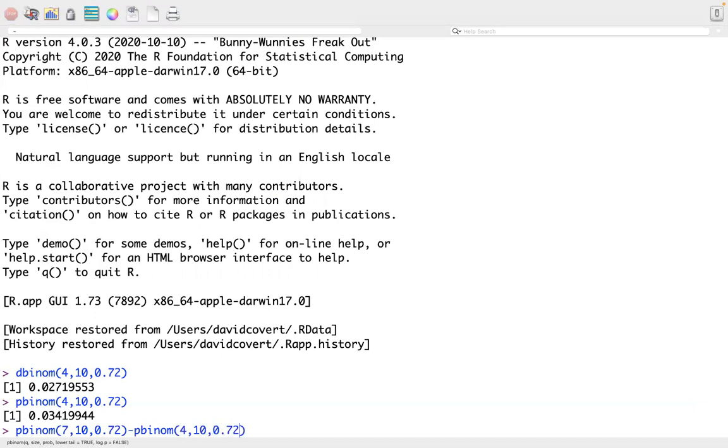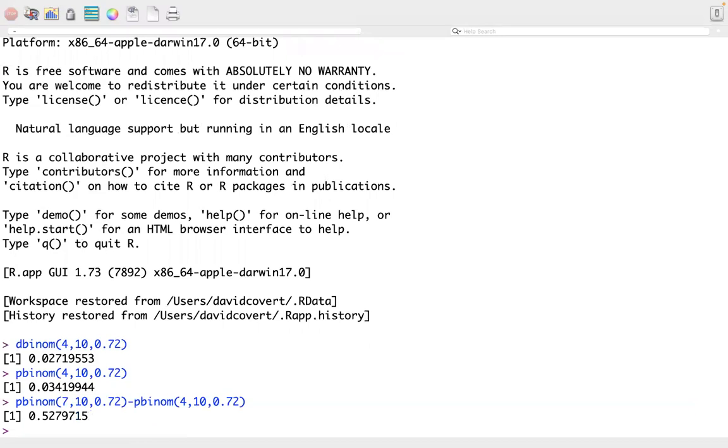And then what I would be left with is the probability of having 5, 6, or 7 successes. The other way that you could do this is you could sum the values of the D binomial distribution, where we go from 5 to 7. That's another way to do the same calculation.